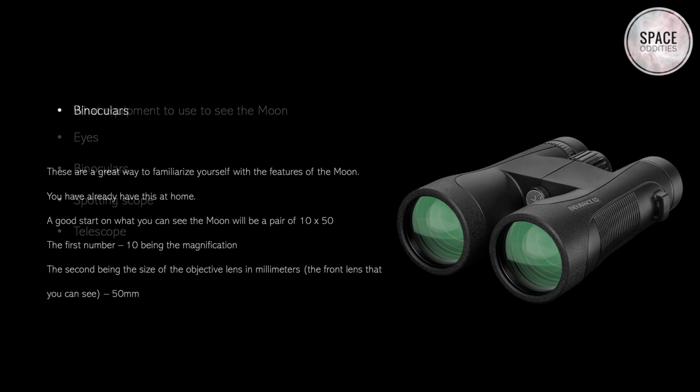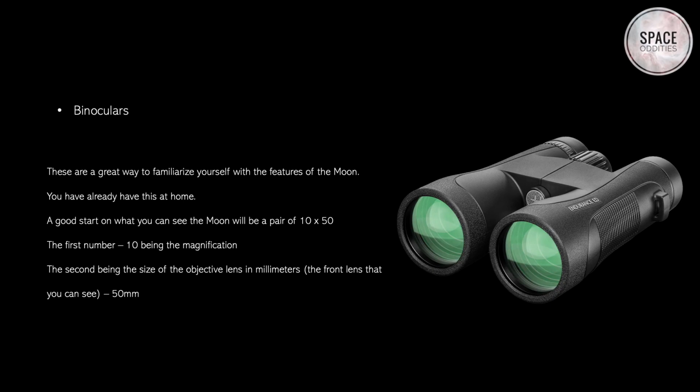Okay. So, if you are unfamiliar with what the figures are for binoculars, you'll see two sets of numbers. The first number on this pair of 10 by 50s is the number 10, and that is the magnification factor.